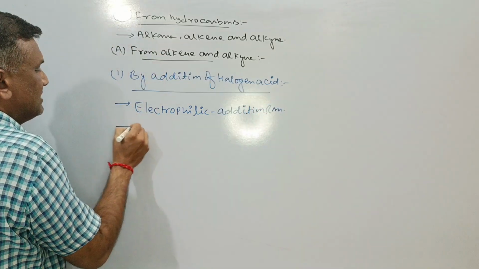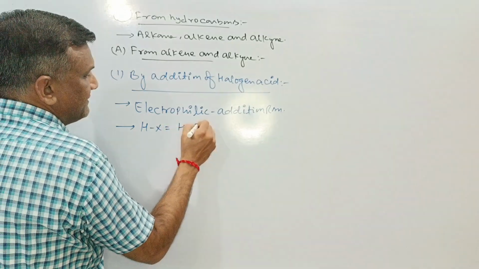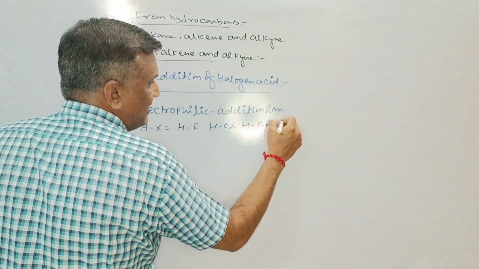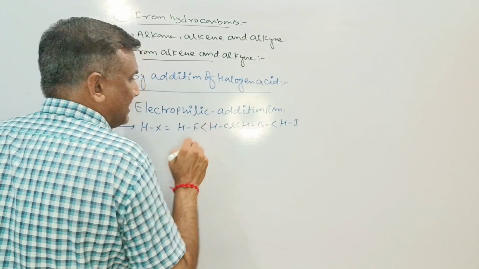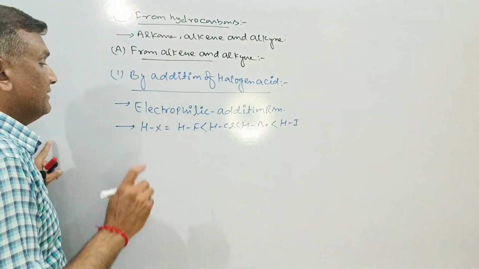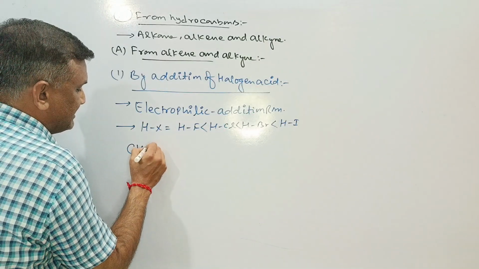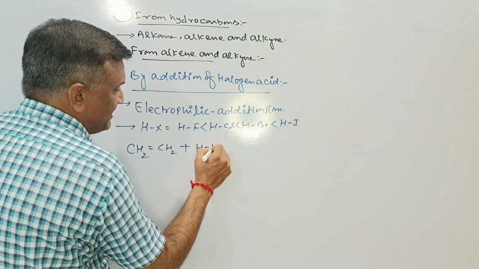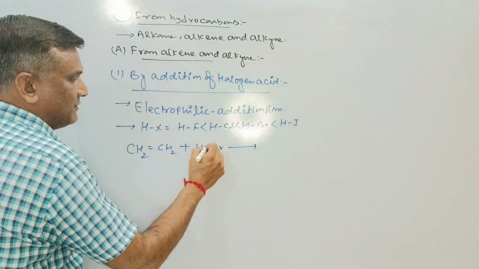As a halogen acid, we can take HF, HCl, HBr, HI, and the reactivity sequence will be higher for HI, hydrogen iodide. Now take alkene, CH2=CH2, with HBr. The reaction will be as follows.